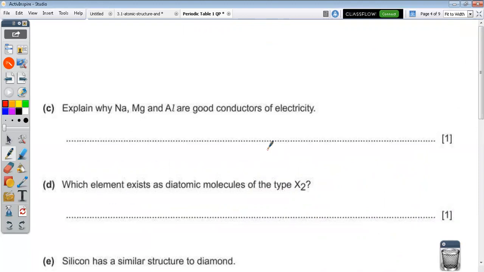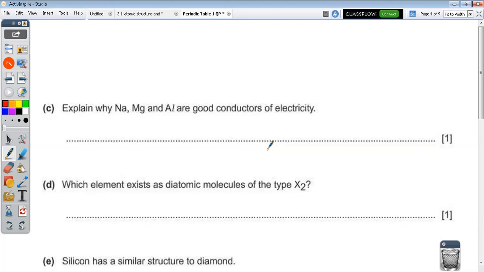So there's a sea of delocalized electrons around the positive ions, which freely move. Are we together? Because electricity is the flow of electrons, by the way, flow of charge.